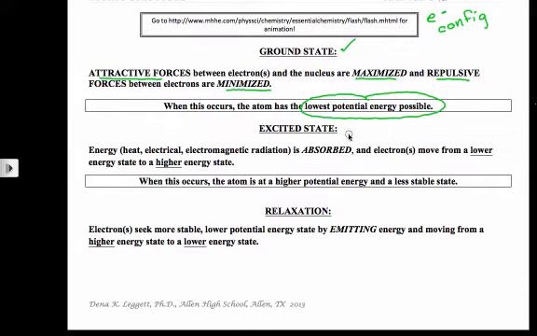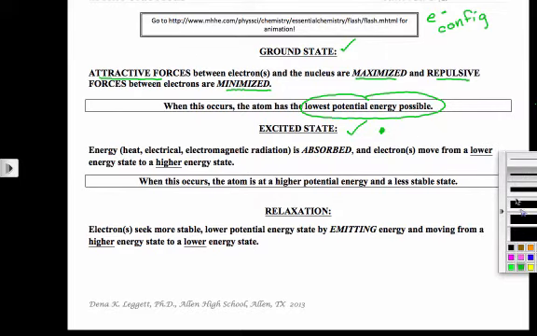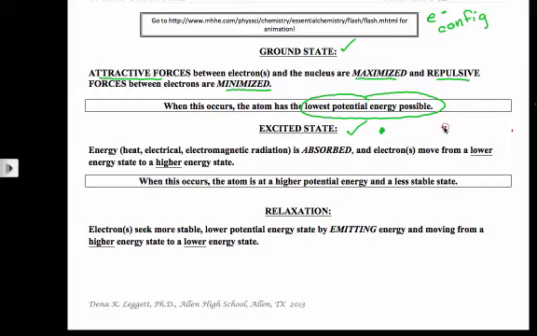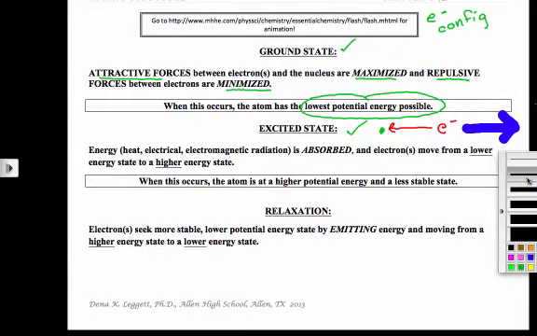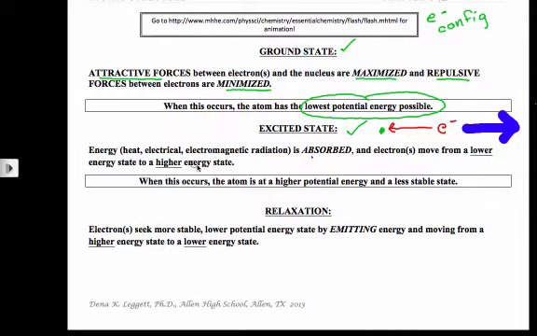An excited state is when an electron, so if this is my nucleus, and here's my electron, let's say the electron likes to be here, an excited state is when we're somehow going to be able to free that electron up to move further away from the nucleus. So in an excited state for an atom, one or more electrons move, and energy is absorbed in the form of heat or electromagnetic radiation.